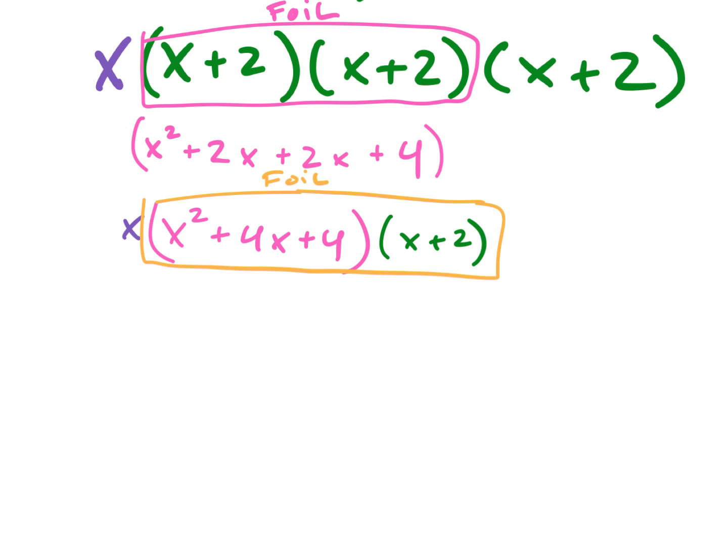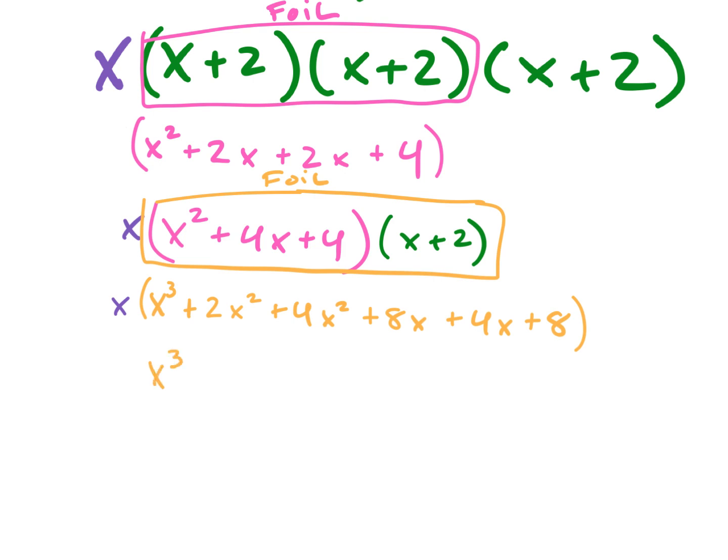So x squared times x would be x cubed. x squared times 2 is 2x squared. 4x times x would be 4x squared. 4x times 2 is 8x. 4 times x is 4x, and 4 times 2 is 8. Let's combine our like terms.